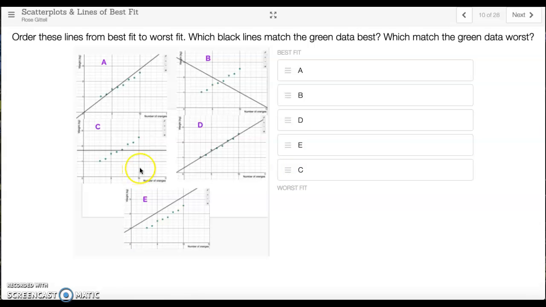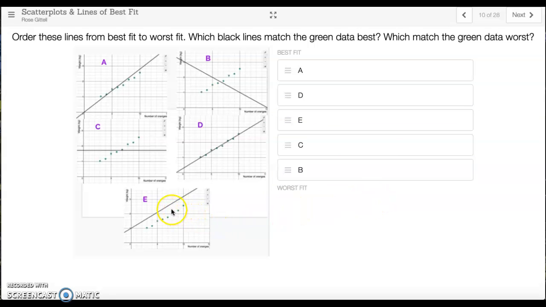And then another bad one would be B. It's clear that B is the opposite of the scatter points. So the scatter points have this positive slope, and then the black line has this negative slope. So B is also bad. I might even say that it's worse than C because it's actually going in the opposite direction, whereas C is just flat. So that's debatable, but let's say B is actually the worst.